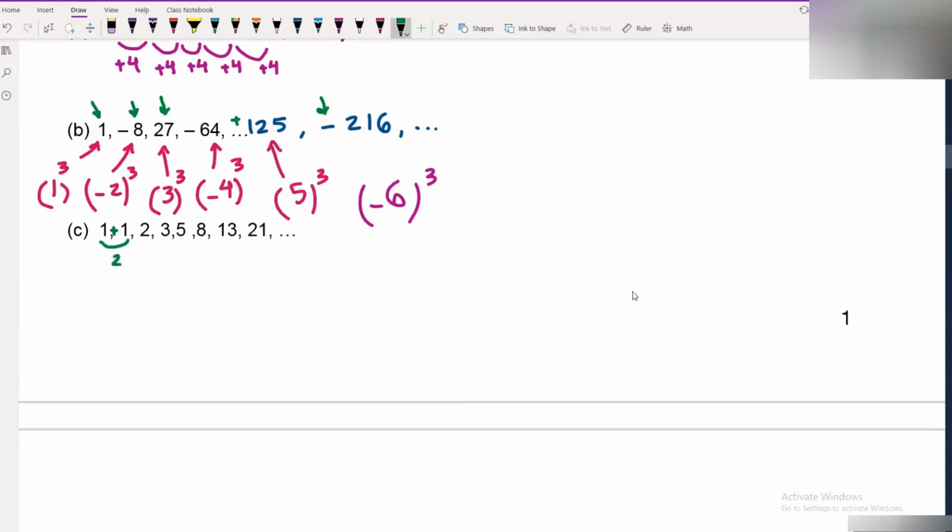See, that is 2. 1 plus 2 is 3. 2 plus 3 is 5. 3 plus 5 is 8. 5 plus 8, 13. 8 plus 13 is 21. 13 plus 21 is 34. That means the next number here on this board is 34.